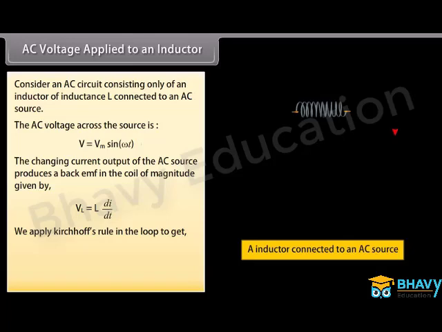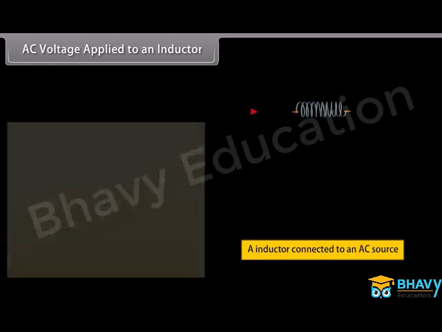We apply Kirchhoff's rule in the loop to get V minus VL is equal to 0. Now, put the values in the above equation. di by dt is equal to Vm upon L multiplied by sine omega t.